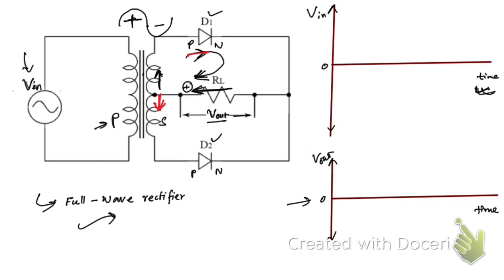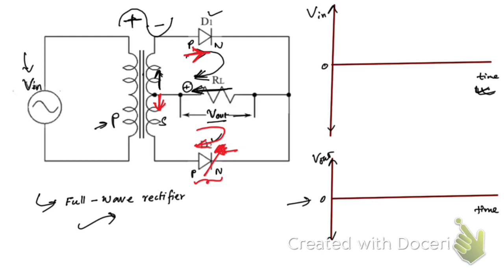Current in the upper loop is in this direction, which is forward bias, and at the same time current in the lower loop will be in this direction, and now it is in reverse bias, so it doesn't let the current pass through it.